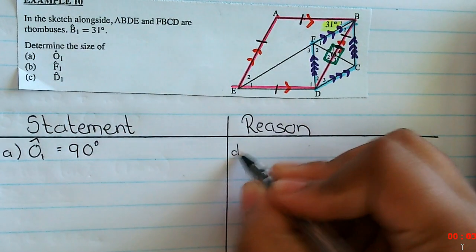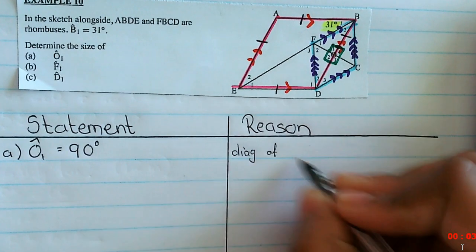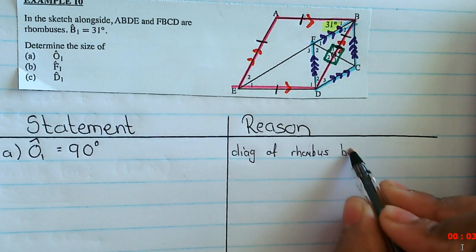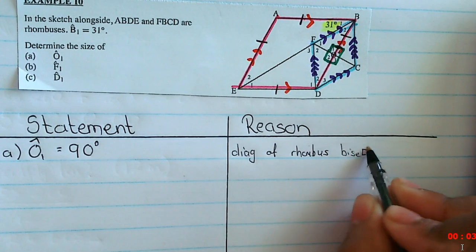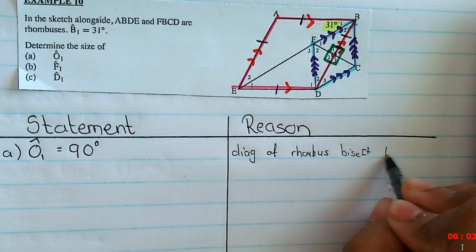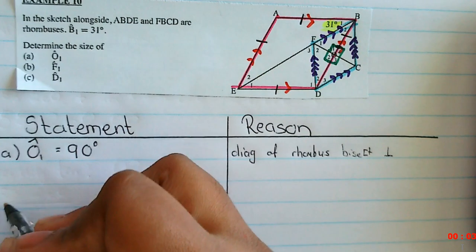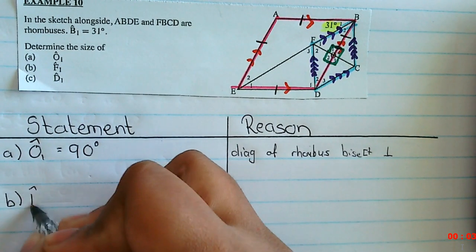The diagonals of a rhombus, I want you to say all of it. Bisect perpendicularly. The diagonals of the rhombus bisect perpendicularly at 90 degrees, and so that is why O1 is a 90-degree angle.